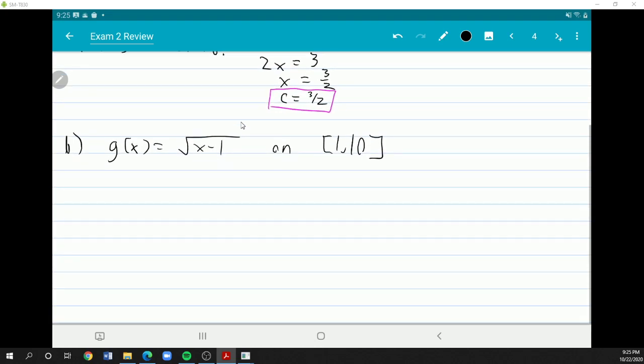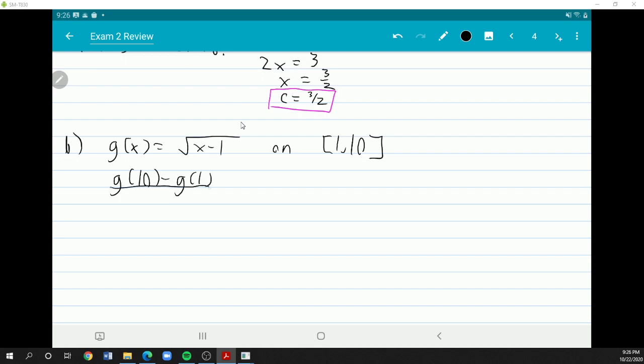So again, let's calculate. g of 10 minus g of 1 over 10 minus 1 equals, let's see, square root of 9 if you plug in. Let's do it. 10 minus 1 minus square root 1 minus 1 over 9. The left square root is square root of 9 is 3. So over 9 equals 1/3.